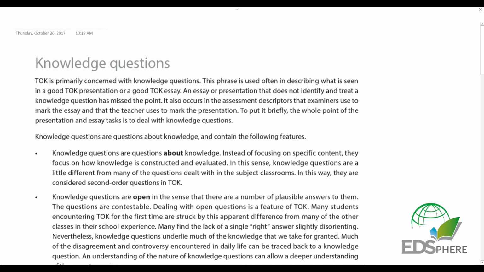And is such knowledge reliable, accurate, valid, or justifiable? In the sense that knowledge questions are always a little different from many questions that we dealt with in a classroom setting, and so on.